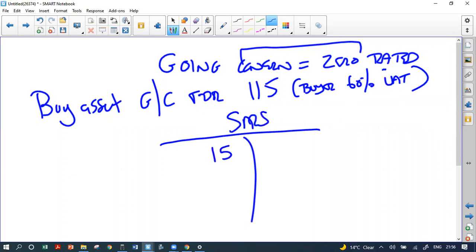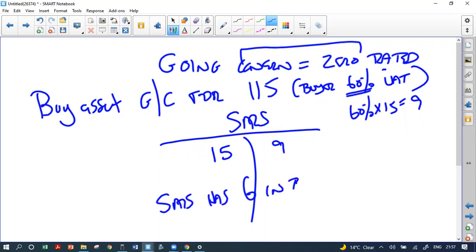SARS will collect 15 Rand VAT. And what's going to happen? You're only 60% VATable, so you can only claim 60% of 15 Rand, which is 9. And what is SARS going to have? SARS has 6 in the bank. Okay.